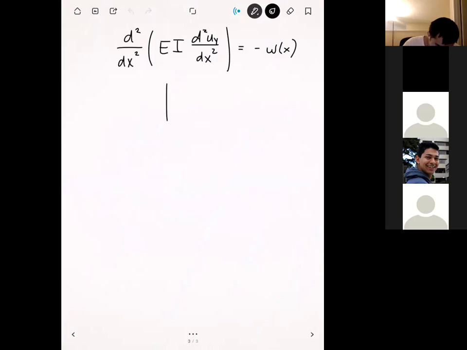Our element stiffness matrix in this case is going to be a 4x4 because we have 4 degrees of freedom here. What I mean by degrees of freedom is the number of unknowns that we're solving for in each element.